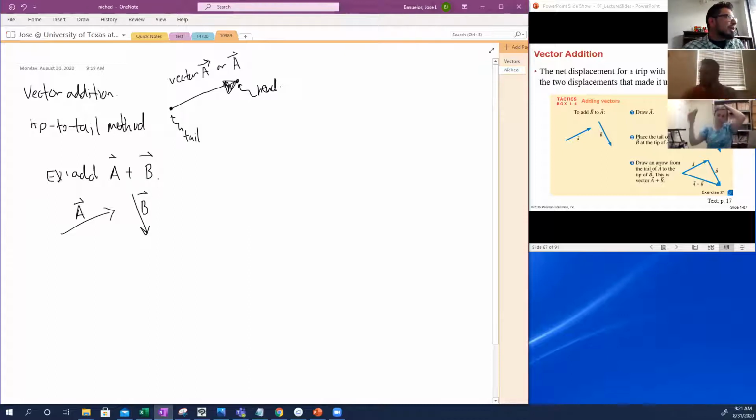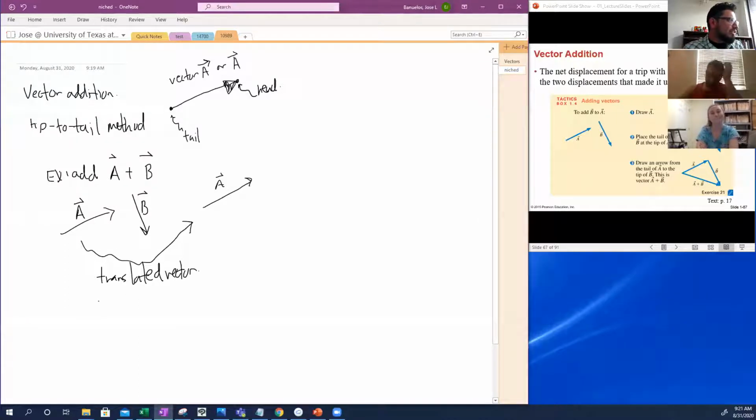So the tip to tail method means that you're going to take A, and one nice thing about vectors is that you can translate them over. What I just did to move it there is I just translated it. Basically, this is just another way of saying I drew it again, right?